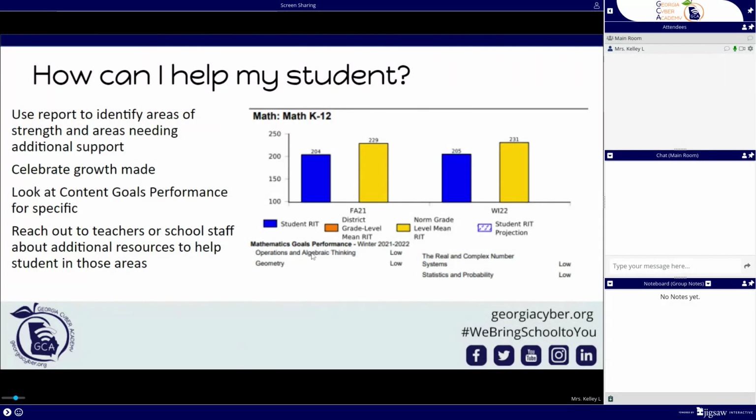In this picture, you can see the student is low in all the different math areas, but in the picture we saw earlier, the student was low to average in some areas and average in others. So you could reach out to your student's math teacher for specific help in that area, or use our services like Tutor Me, or reach out to other staff for additional resources and we can help in those areas.